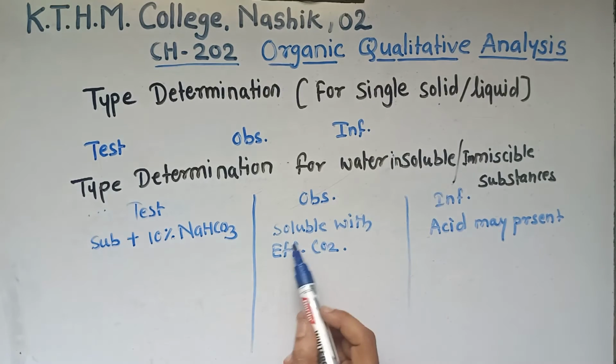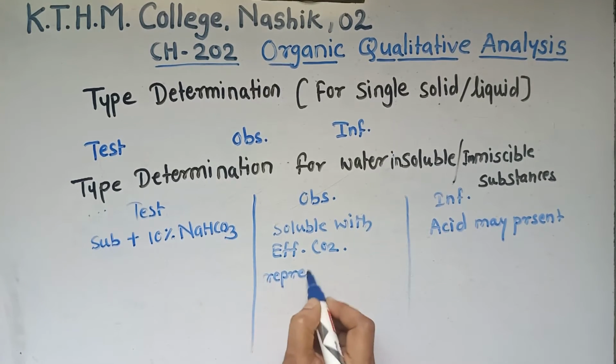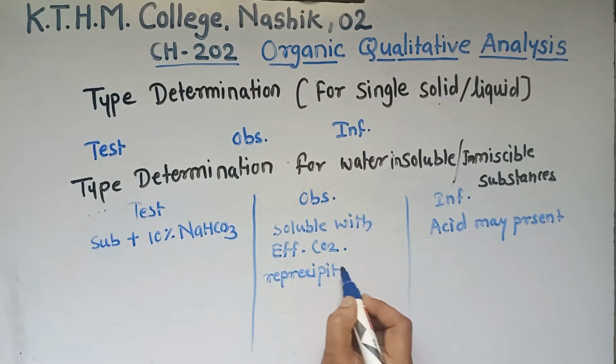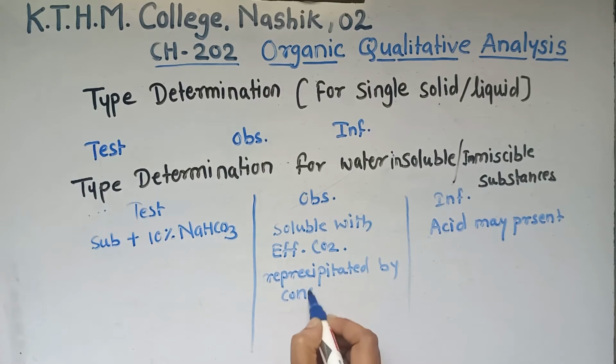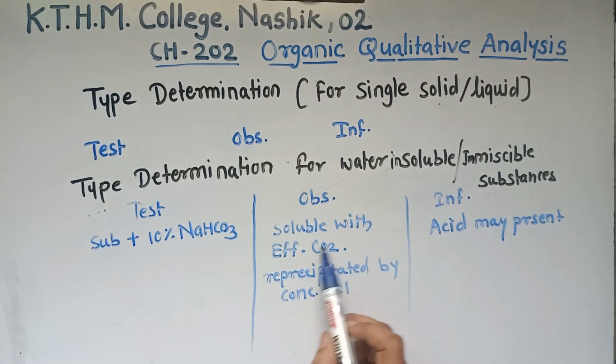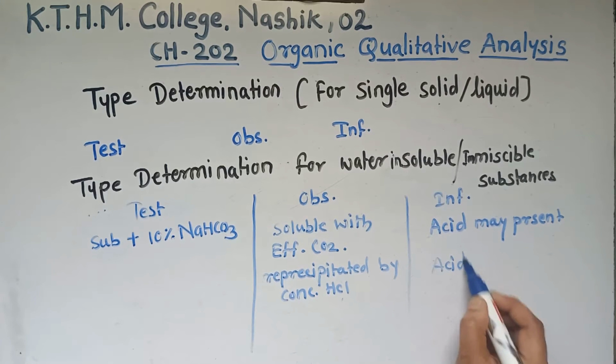And this soluble compound is reprecipitated by concentrated HCl. When we add concentrated HCl to this soluble compound, there is a formation of a precipitate. Then we conclude that acid is confirmed.